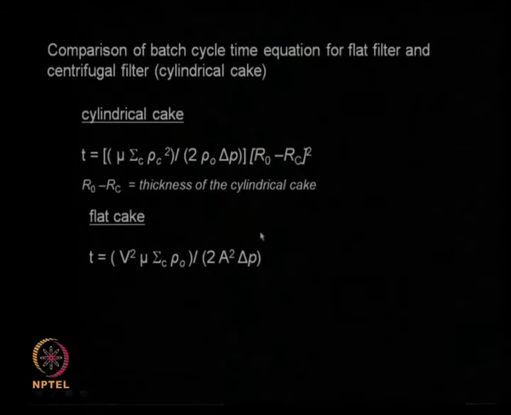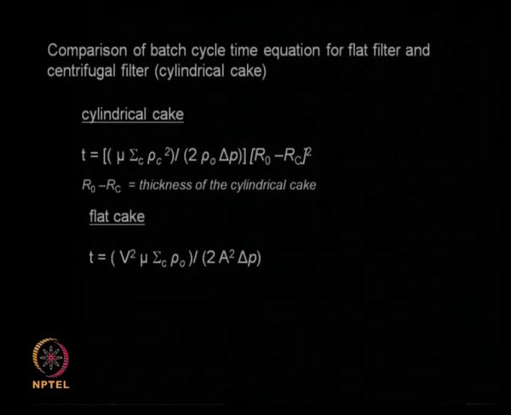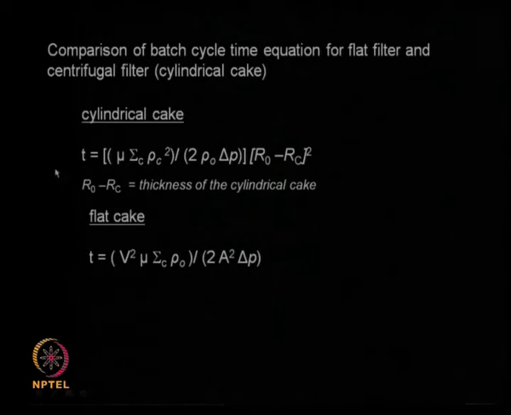If I use a simple flat filter, the cake will be flat, so the equation will be like this, whereas when I am using a cylindrical basket centrifuge, then the cake also is going to be cylindrical, and the cake will be R0 minus RC thickness, but it will be in the form of a cylindrical cake. So the equation for the time will be like this.